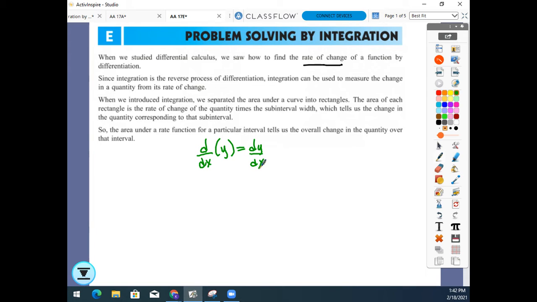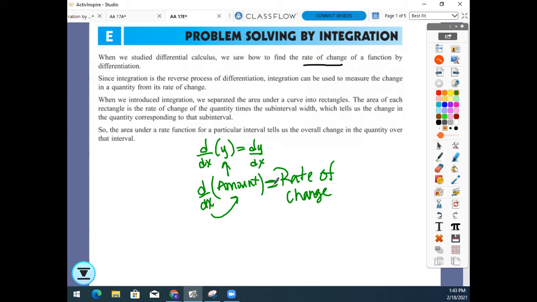And what that is saying is we're starting with an amount. When you take the derivative of an amount, you find the rate of change. The derivative tells us the rate of change of a function.